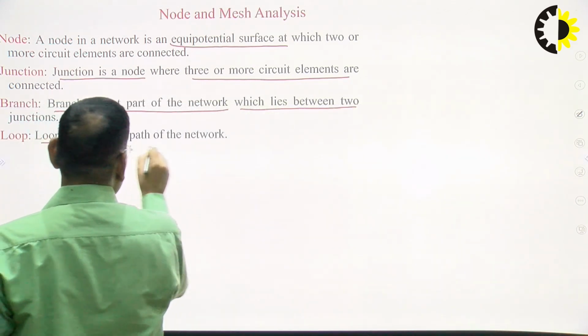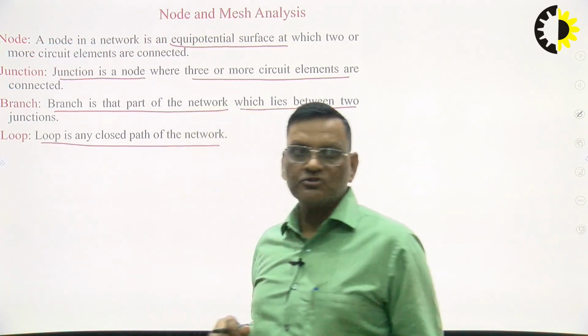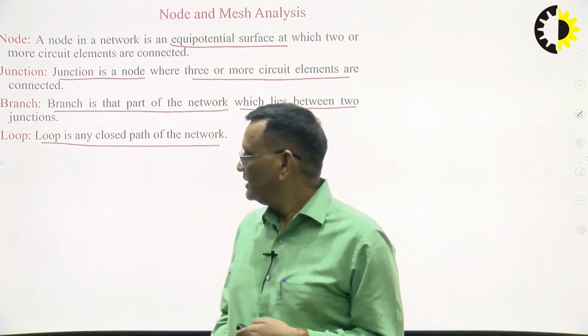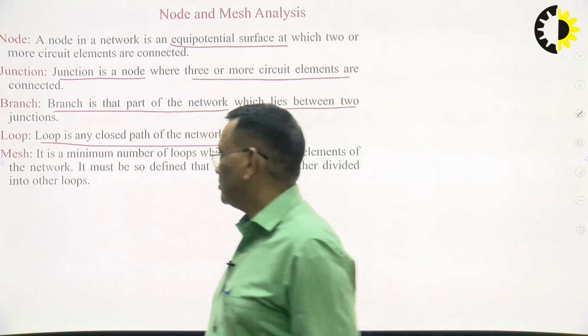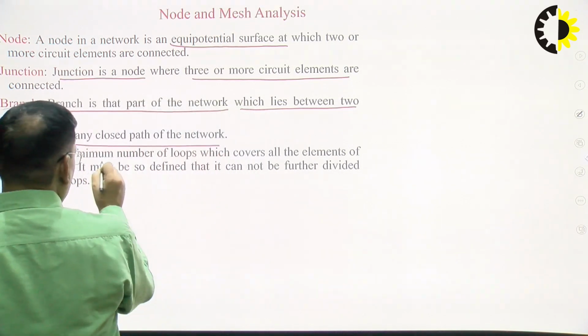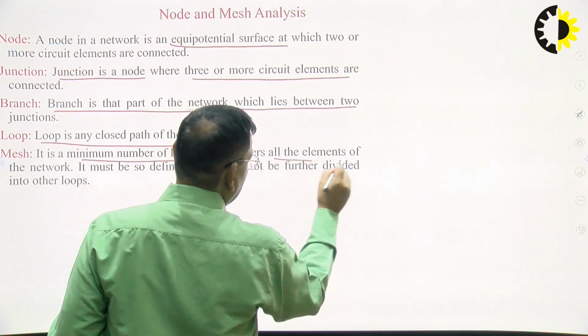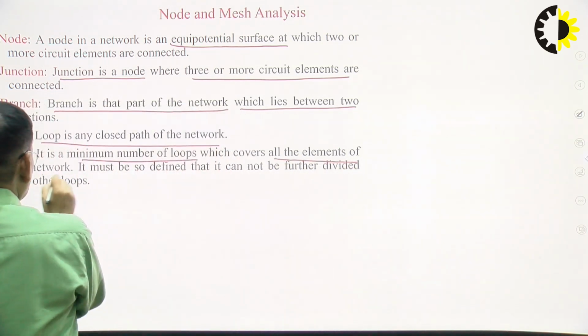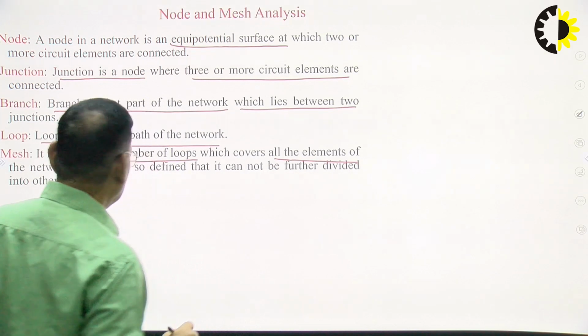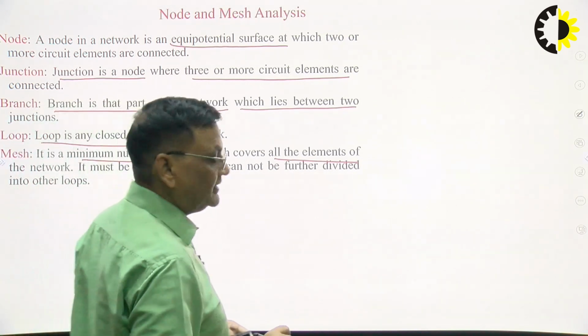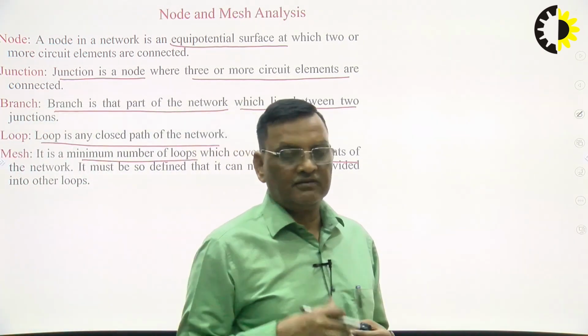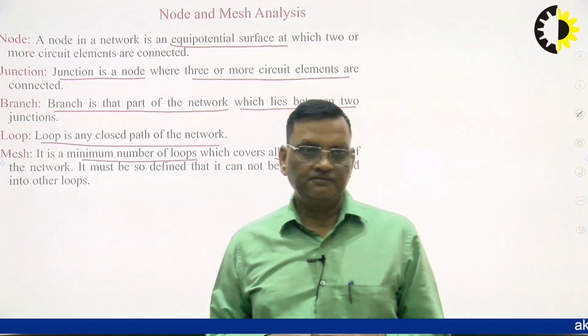Then mesh. A mesh is the minimum number of loops which covers all the elements of the network. It must be defined such that it cannot be further divided into other loops.